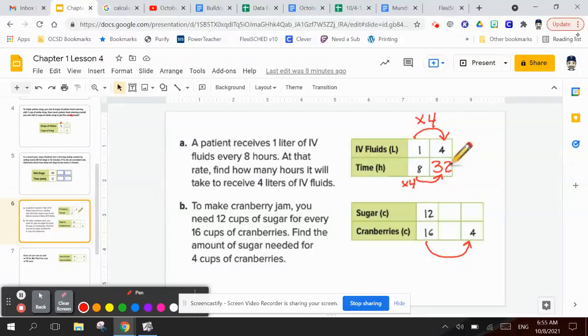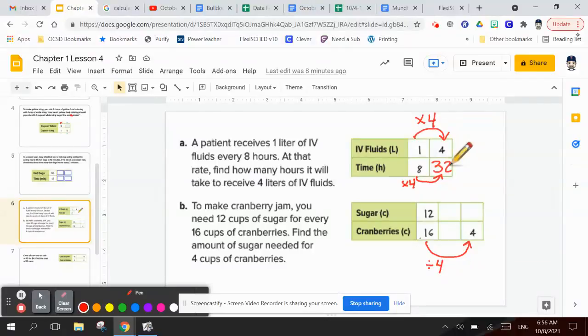I'm going from 16 cups of cranberries to 4. I'm not going to have that many people come over for Thanksgiving dinner, so I don't have to make so much. So what can I divide 16 by, because my numbers are getting smaller, to get 4? Well, I know that 4 times 4 is 16, so we're going to divide by 4.